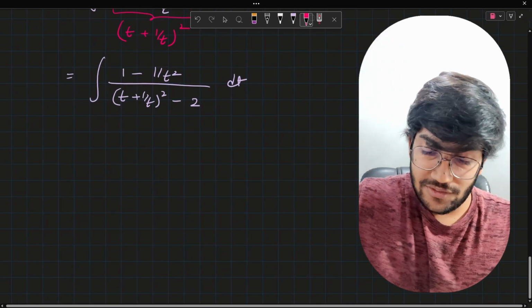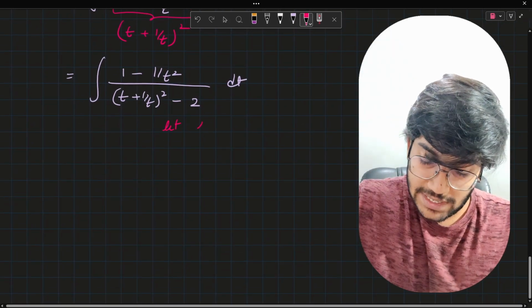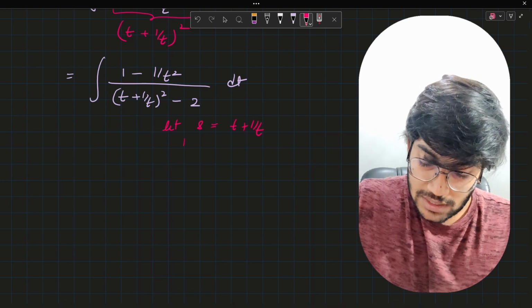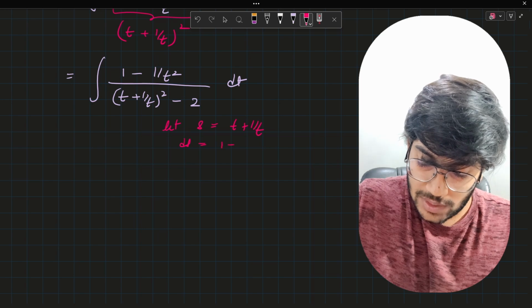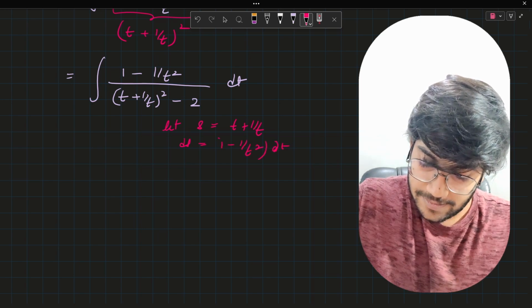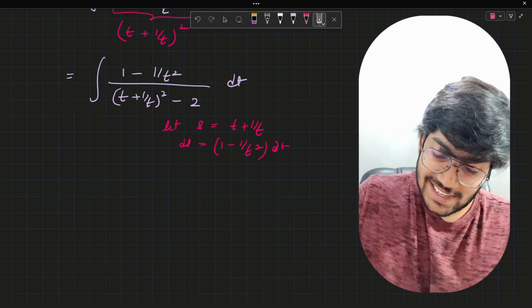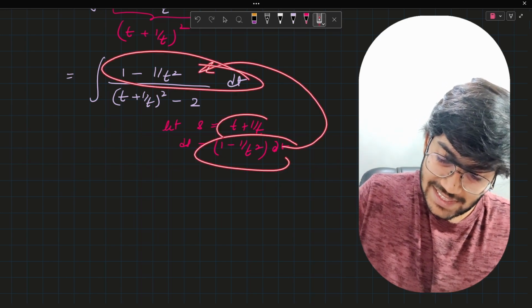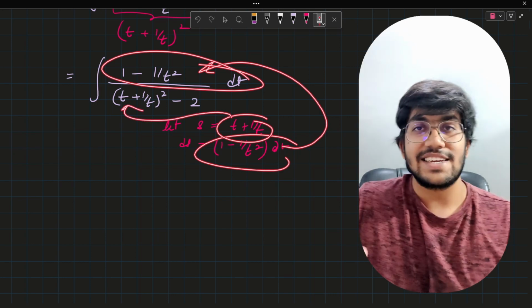And if you let s is equal to t plus 1 over t, ds is equal to 1 minus 1 over t square dt, and this is right here in the numerator, and this term, that is the s, is right here.